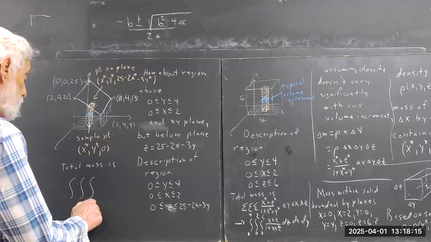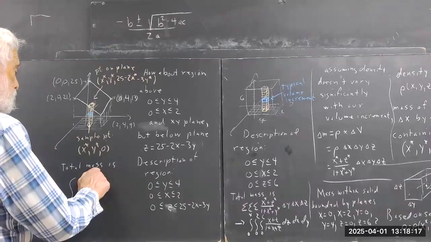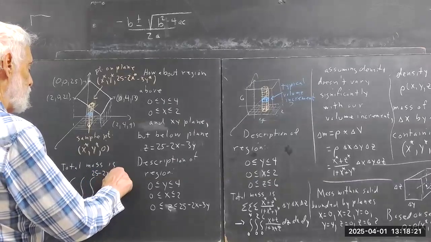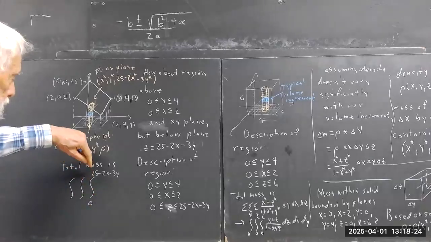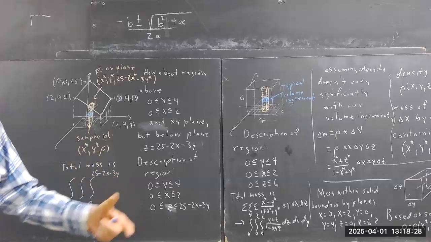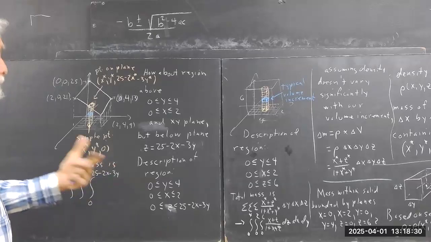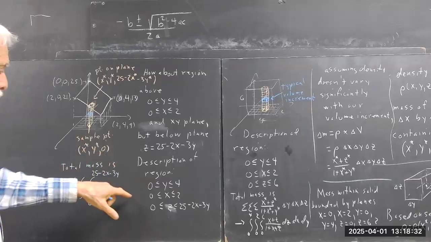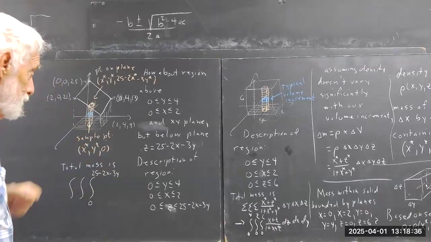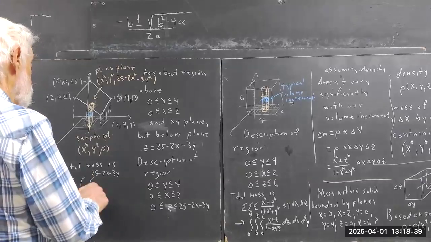I want my z integral to be the first one that gets integrated, because I'm going to have to substitute this expression involving x and y into whatever antiderivatives I get when I do my y and x integral.